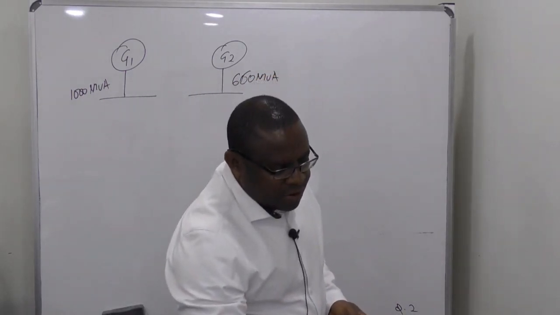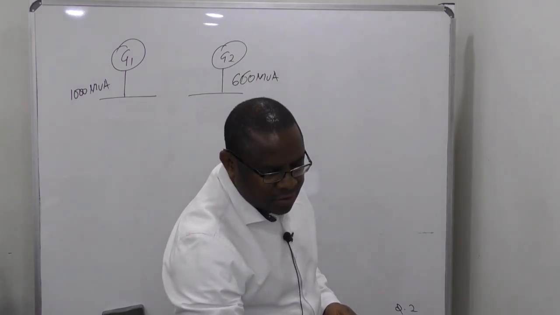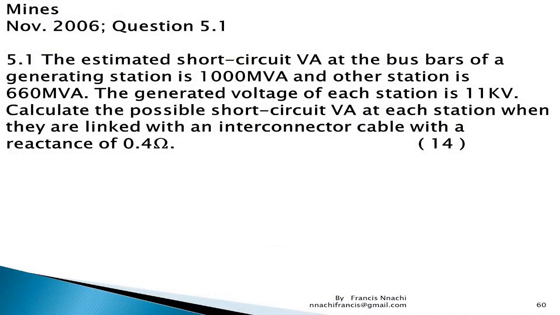So the question says that the estimated short circuit VA at the bus of a generating station is 1000 MVA and the other station is 660 MVA.